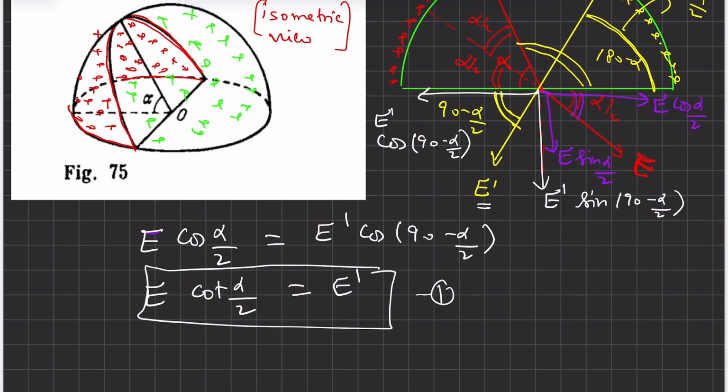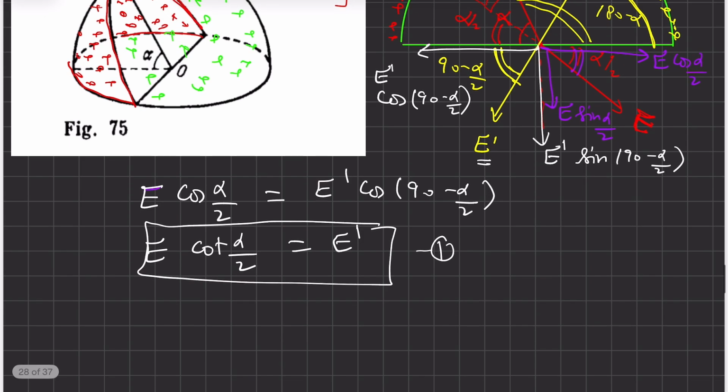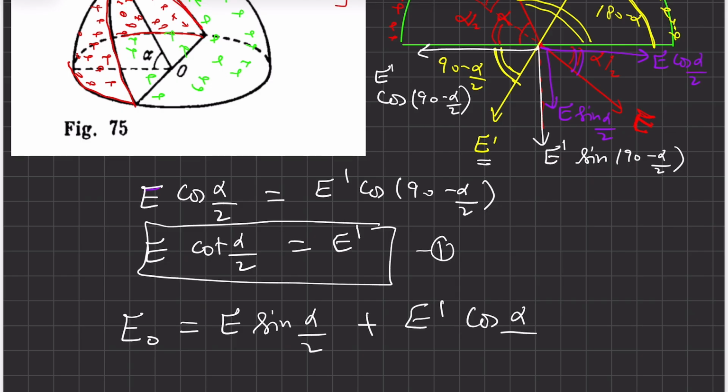And now if you see in the vertical direction, the electric field has two components, and E naught, because that is the net electric field, is basically the sum of E sin alpha by 2 plus E dash cos alpha by 2, because sin of 90 minus alpha by 2 is equal to cos alpha by 2.